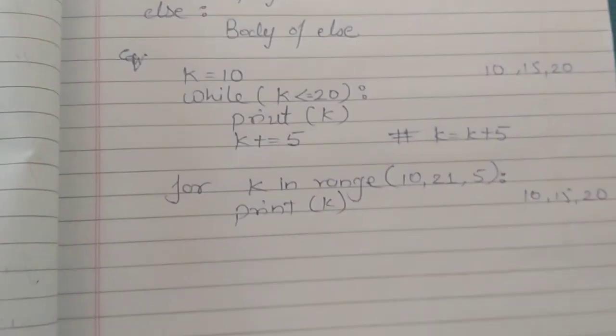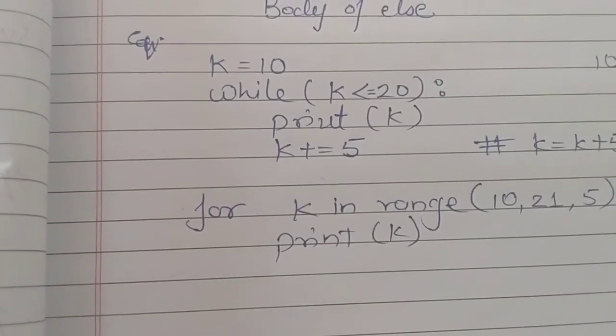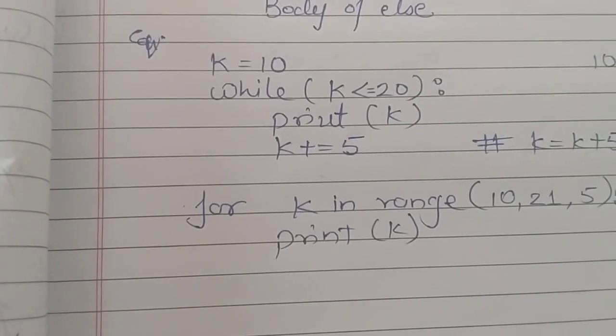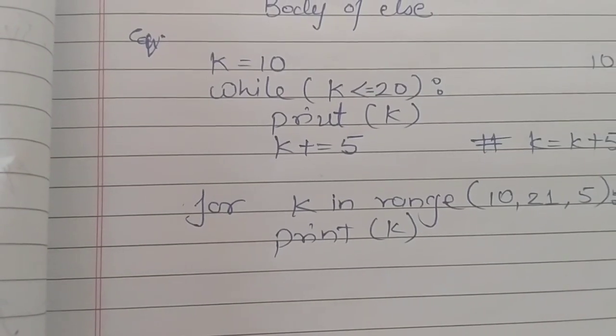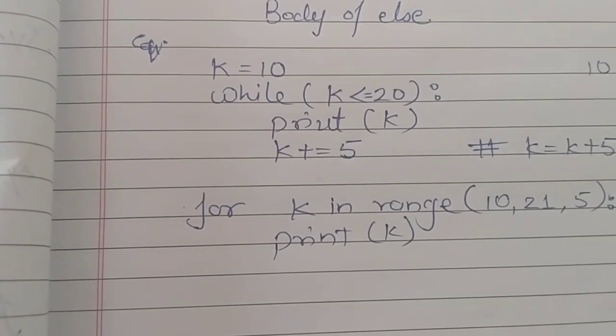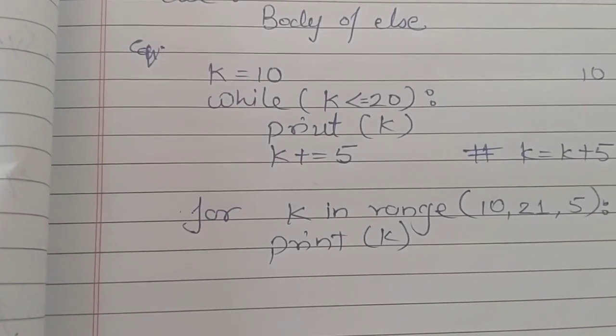Okay. See one example. In this example, one variable is taken, that is k equal to 10, and while k is less than or equal to 20, or we can say till k is less than or equal to 20, we have to go on. What is the range we are providing here? We are starting with 10 and we are going till 20.